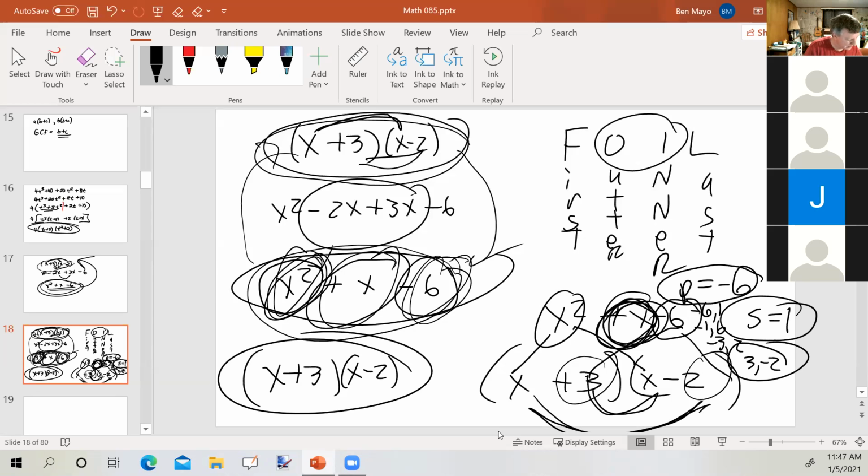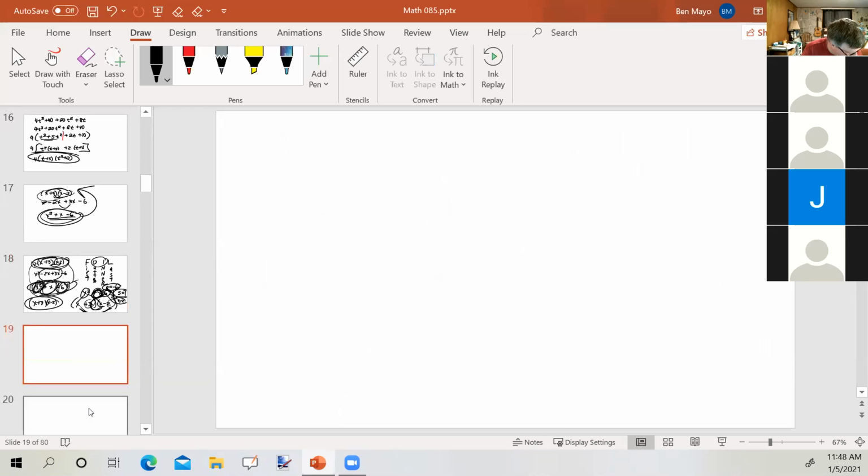All right, let's see if we can put this together here. So let's say we've got y squared plus 4y plus 3. And we want to factor it. We want to pull it apart as the product of two factors. And in this case, each of those factors is going to be a binomial, two terms.